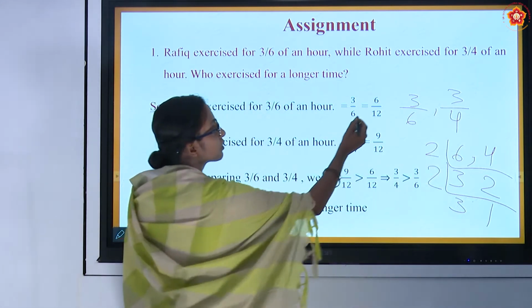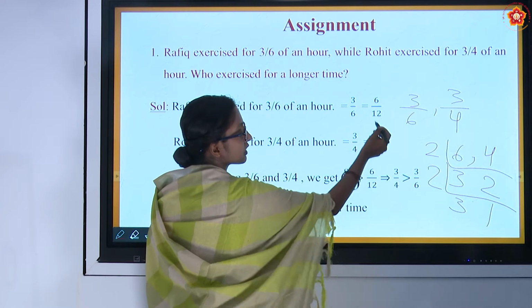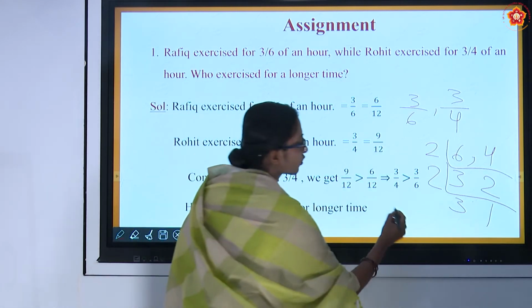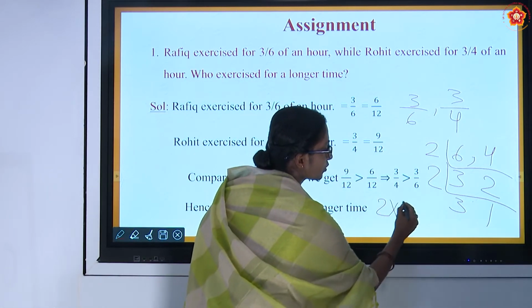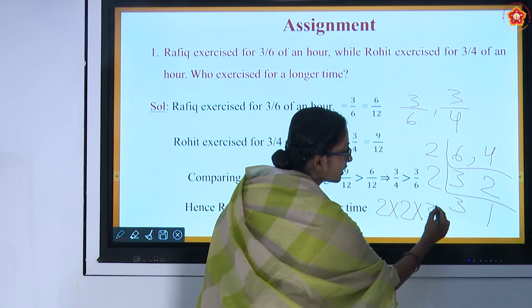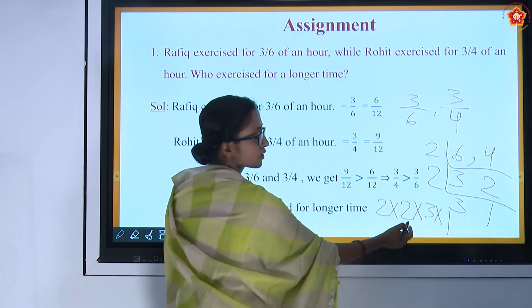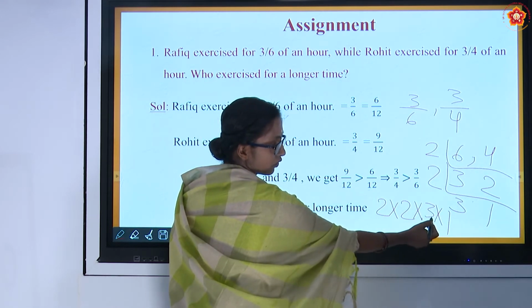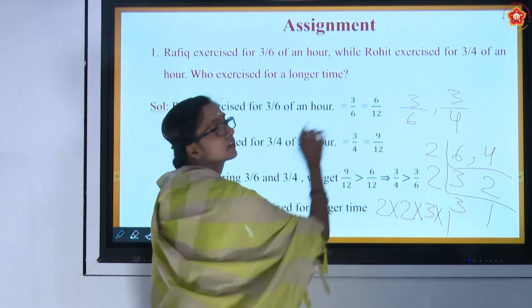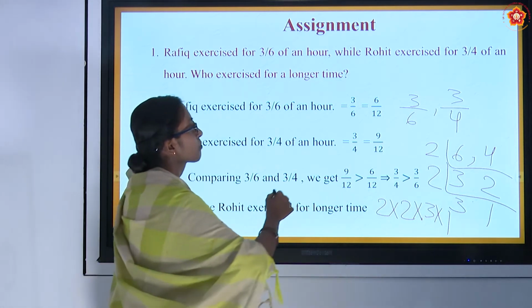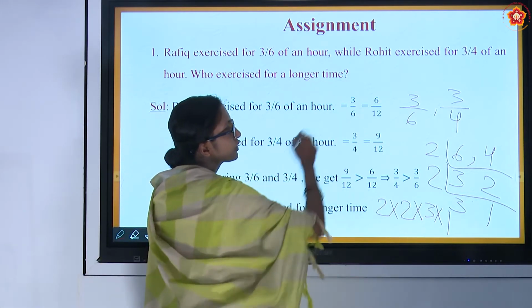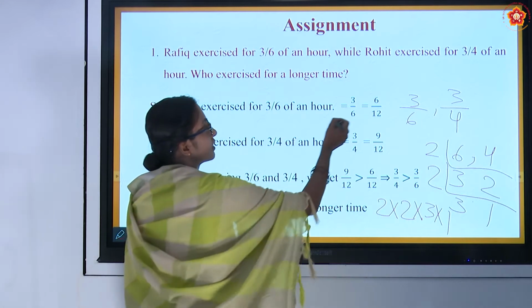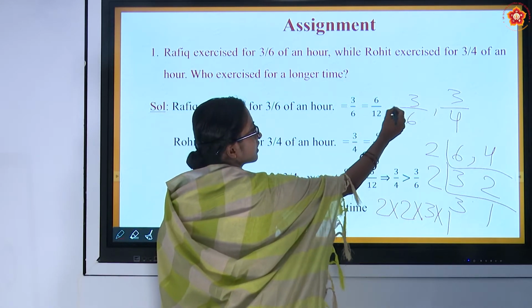So now we make sure that both denominators will be 12. That is 2 into 2 into 3 into 1: 2 2s are 4, 4 3s are 12, 12 1s are 12. 12 is here. Then how does this 6 come?